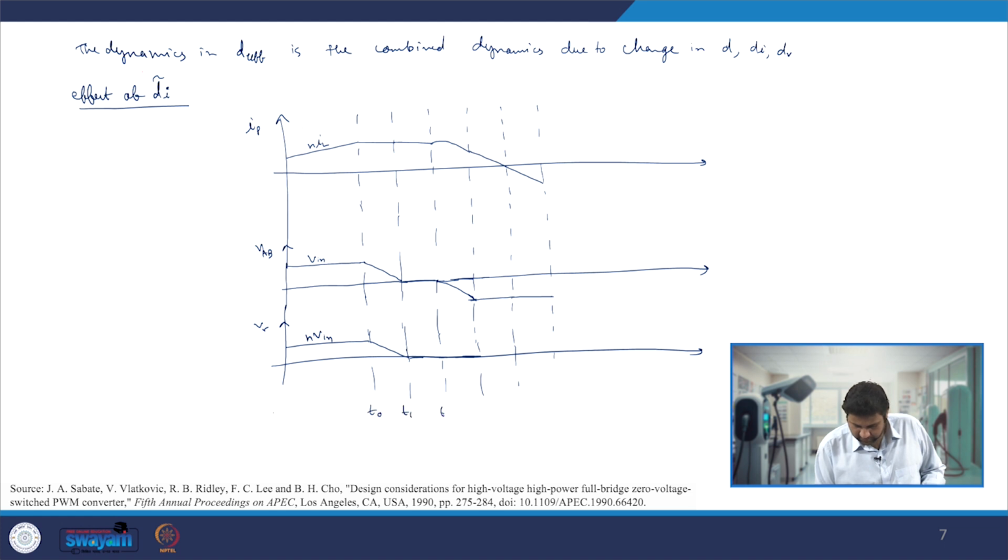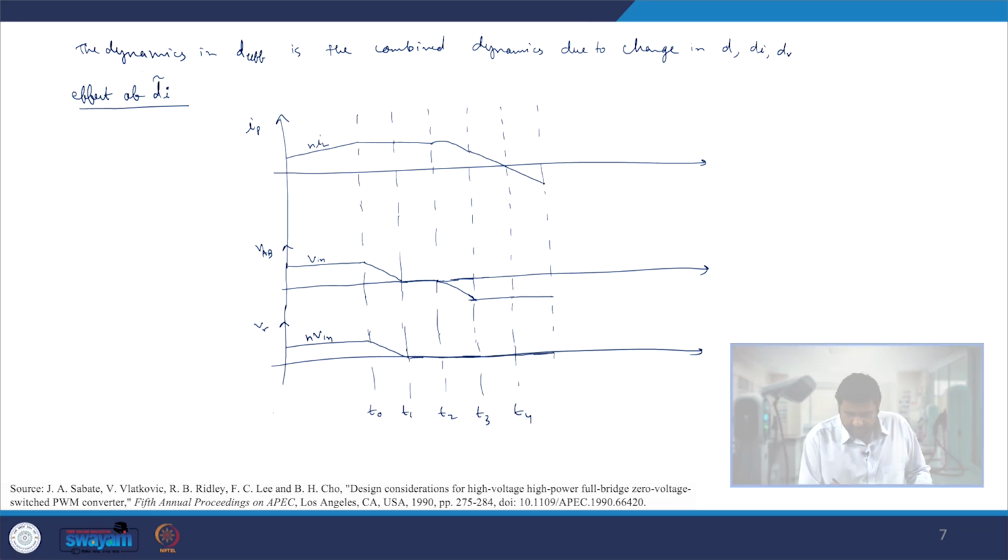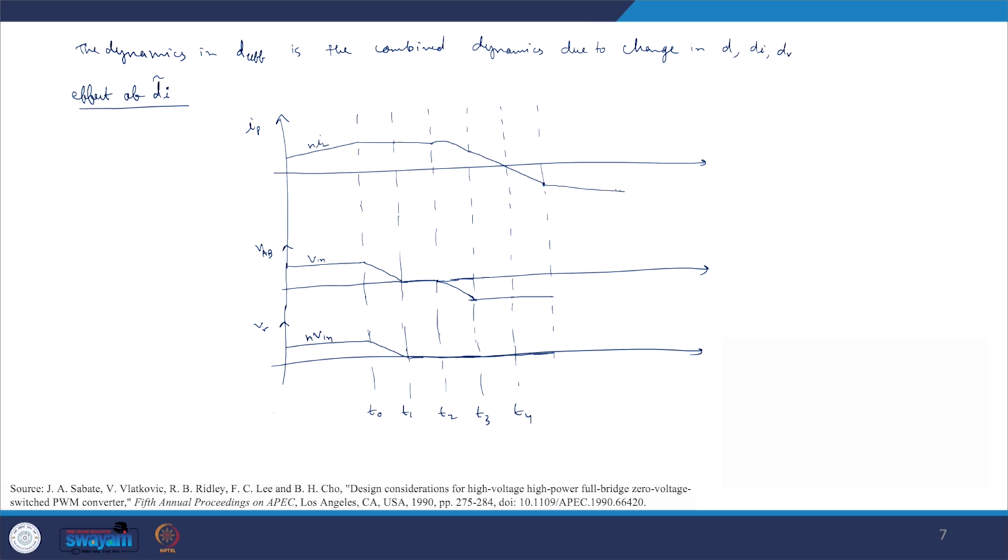T0, T1, T2, T3, T4, it is 0 here, and it again goes to 0 here, and that's when it goes to NIL, it has volt. If we look very carefully on this side, at the moment when the DR2 turns on, the VR voltage again goes to NV in, and this is again minus V in, which was there from the VAB.